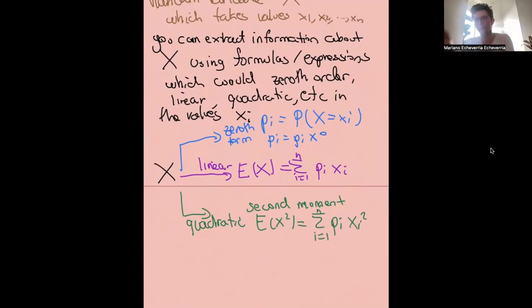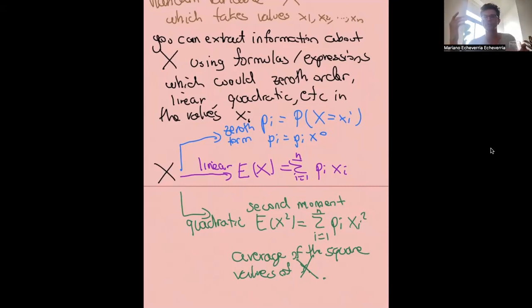It's an average of the squares of the values that x takes. That should be the quadratic piece of information from X.